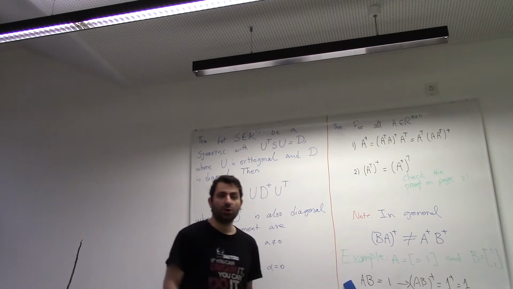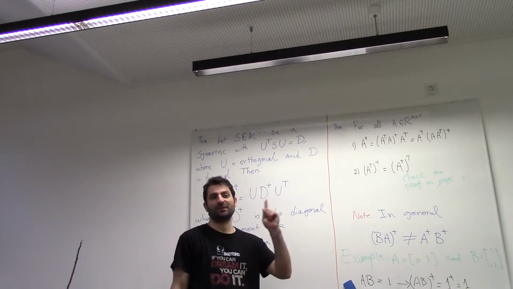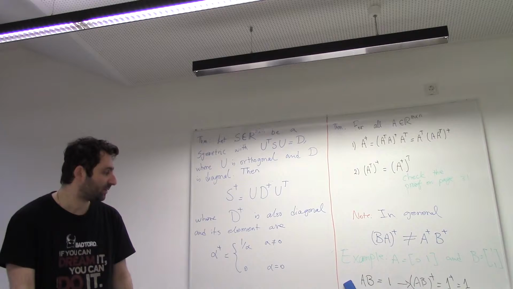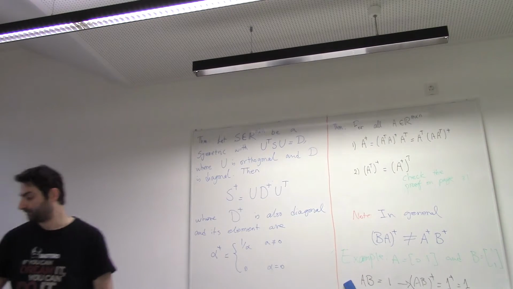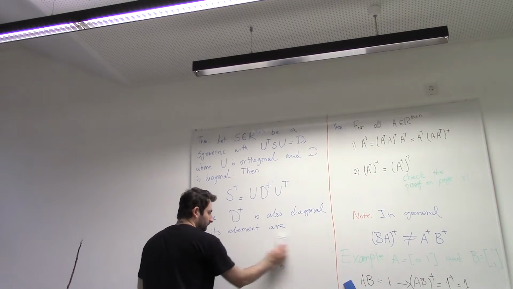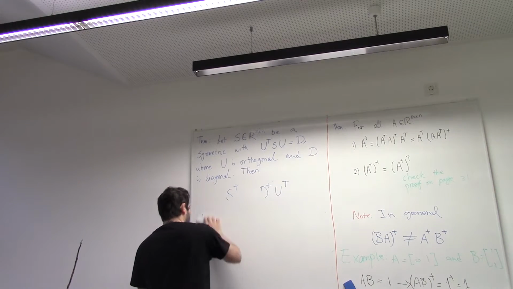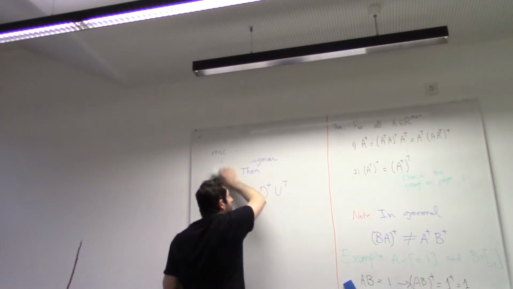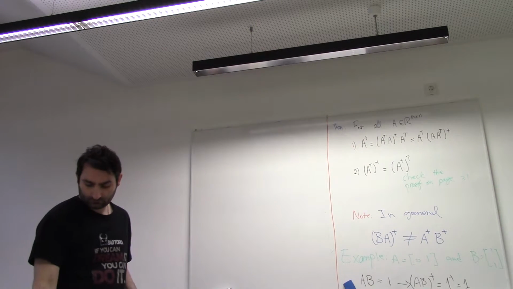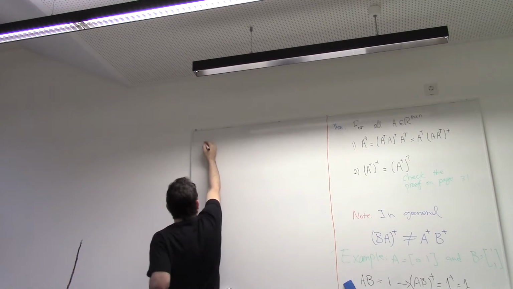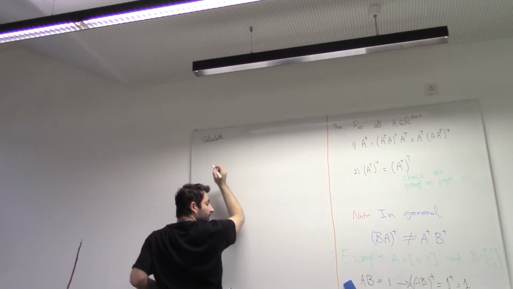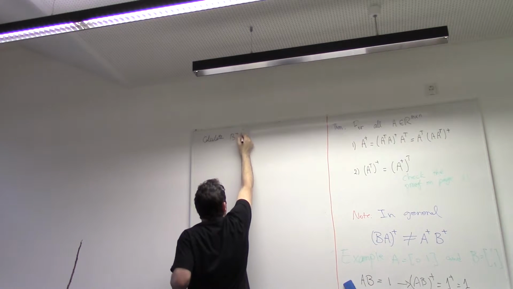I want you to calculate B⁺ multiplied by A⁺ and show me that it is not equal to (AB)⁺. Calculate B⁺A⁺.